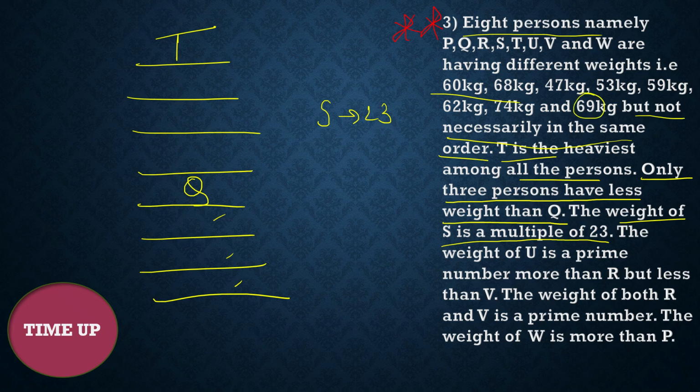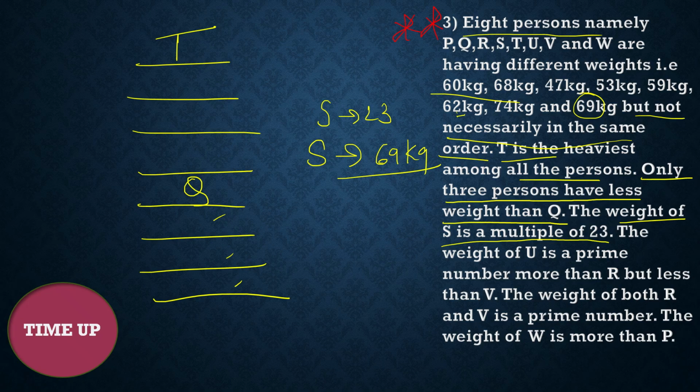Correct? If you don't know the table of 23, then just know the table of 3. So what are the multiples of 3? 3 ones are 3, 3 twos are 6. Correct? 6 is not there as a last digit. 3 threes are 9, which gives 69. So what will be the multiple for S? 69 kg. So S will be 69 kg.